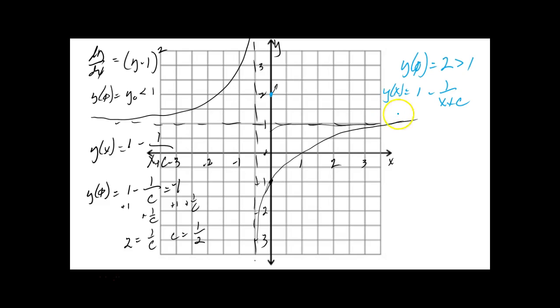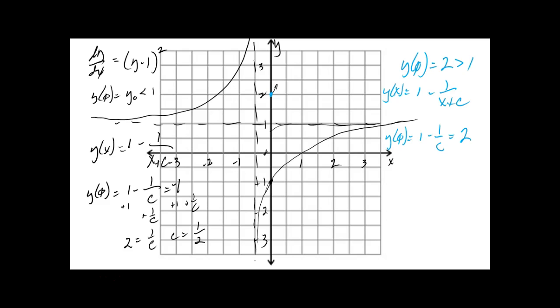And we know now that y of 0, that would be 1 minus 1 over c, is equal to 2, not the negative 1 we had before.